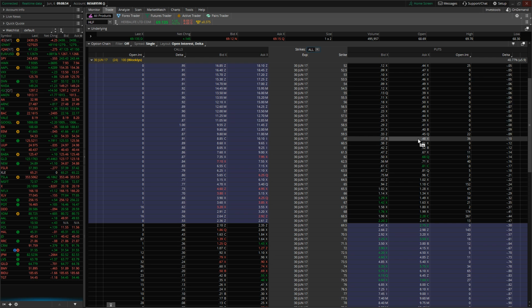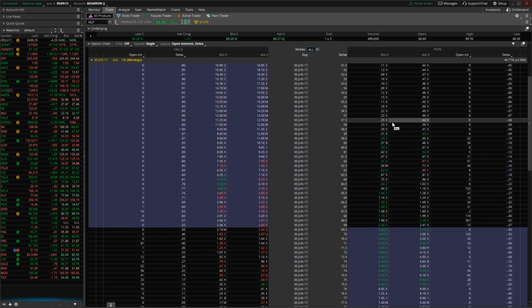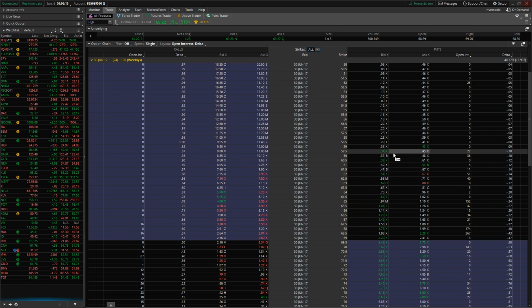I could buy 10 contracts, but this is a position where if the stock goes down all the way to 60, I'm still losing money. I need it to go below 60, and I need it well below 60. That doesn't sound really all that compelling as far as a risk-reward scenario. I need my stock to go 13% just to break even, and its average gain is 13%.